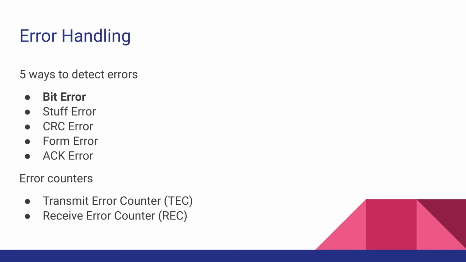So, as you can probably imagine, there does need to be some sort of way to handle errors. And the CAN bus protocol has 5 exact ways for handling errors. The first one is bit error. This happens when a transmitter who's transmitting some data in the frame compares its transmitted bit with the output bit on the CAN bus, and if the two are different, there's a bit error, except during arbitration.